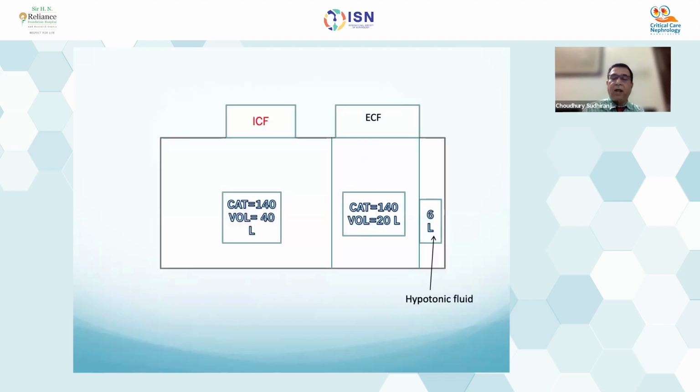Now let us add 6 liters of hypotonic fluid, or 5% dextrose, or any hypotonic fluid which you have drunk, and that will be added to the extracellular fluid compartment. So what will happen next?